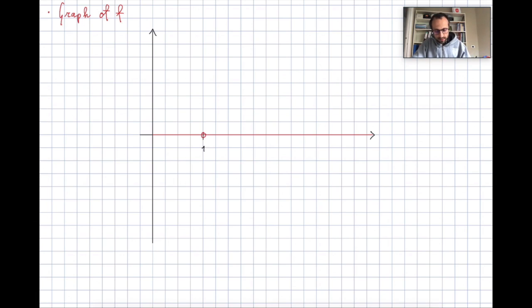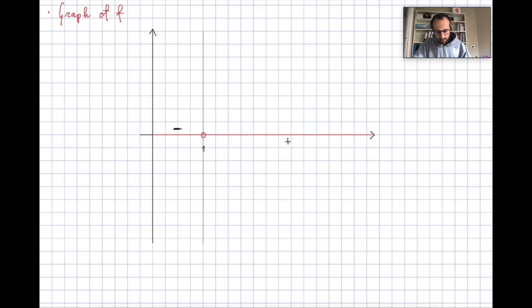So this is the domain of f. Then I recall that here the function has to be negative and here the function has to be positive. So this is the second part. And then finally I have to use the limits. So let me remove 1 from the domain, because I have a vertical asymptote.